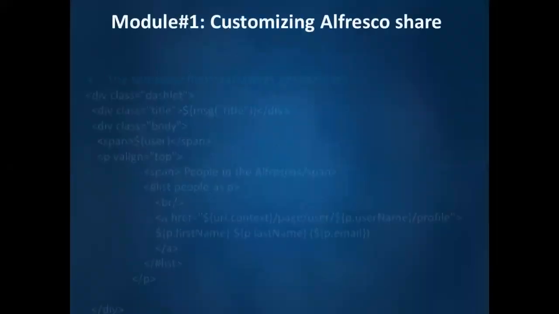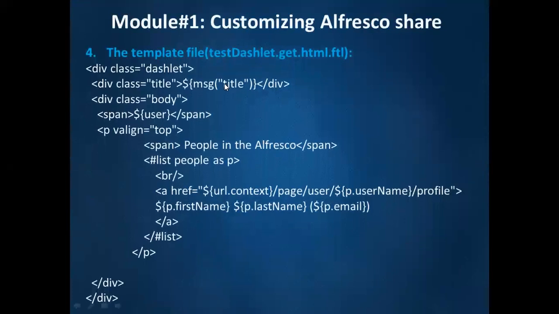Let's see here in our code. See, the title is here, which means I want to display the value of this title. But there is one thing that you should know when using JavaScript. When you give a title in JavaScript and you want to display it in a template file, you need to write this sign of dollar, this bracket, msg, and inside this you give your label.